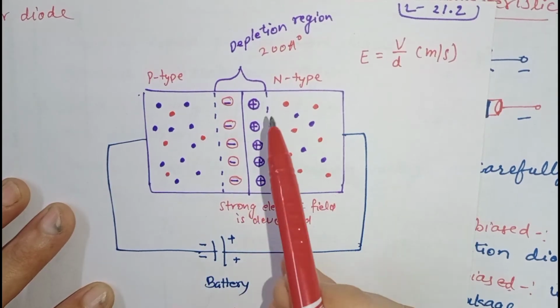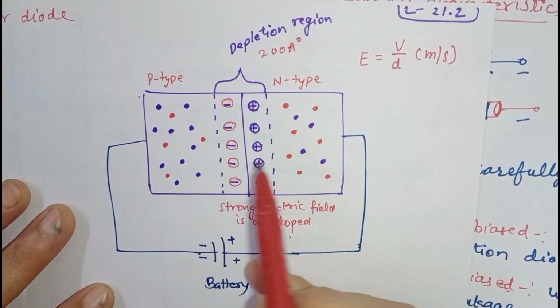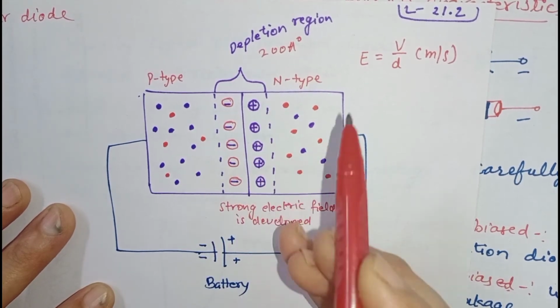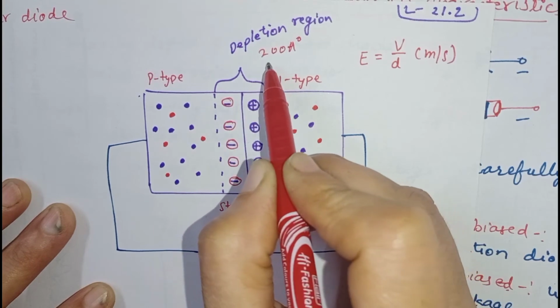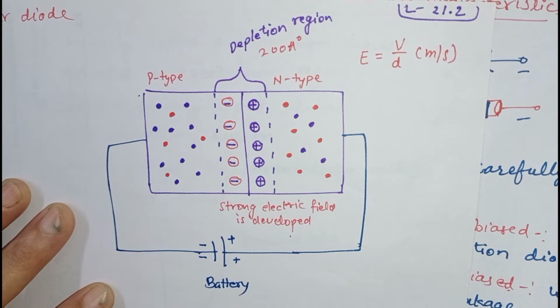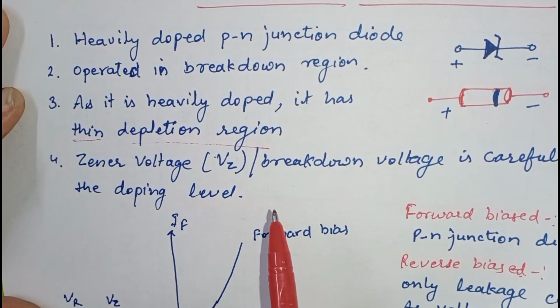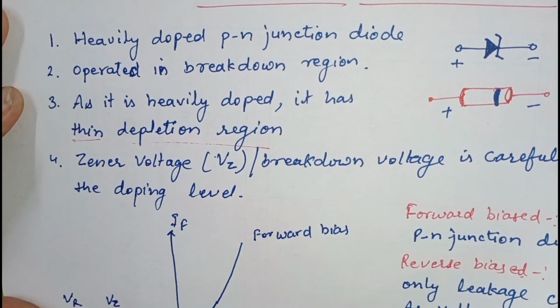We can see here the depletion region in case of Zener diode is very thin because of heavy doping on both the sides. The depletion region is of the order of 200 Angstrom, and this value is very less. The Zener voltage or the breakdown voltage depends upon the doping level of the Zener diode.